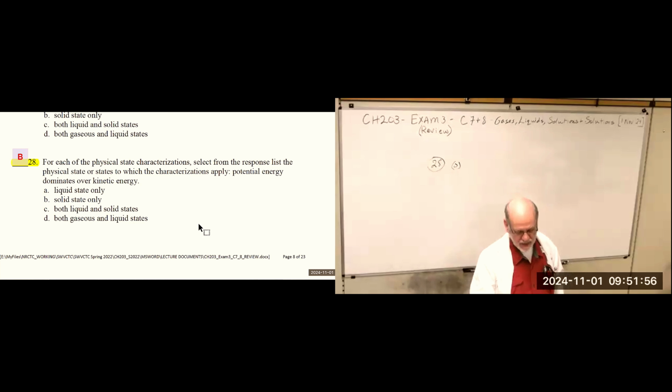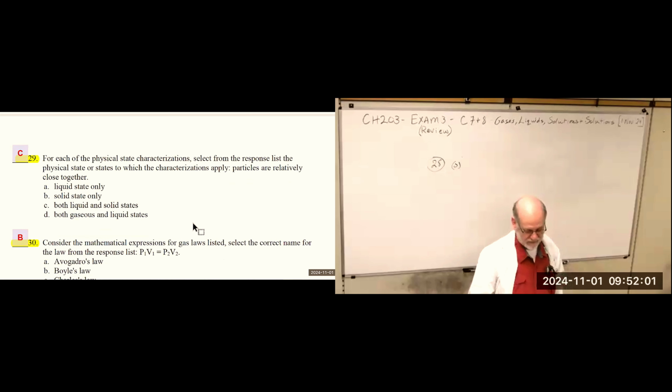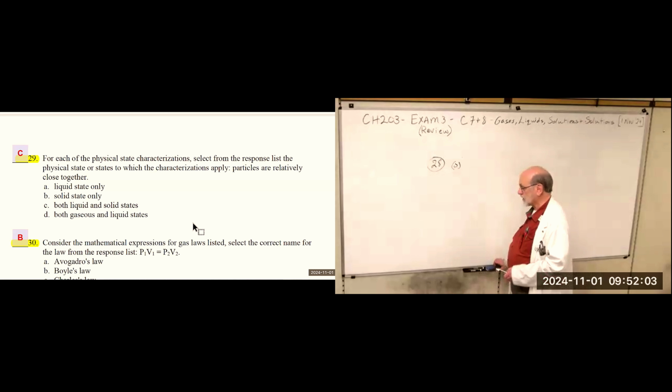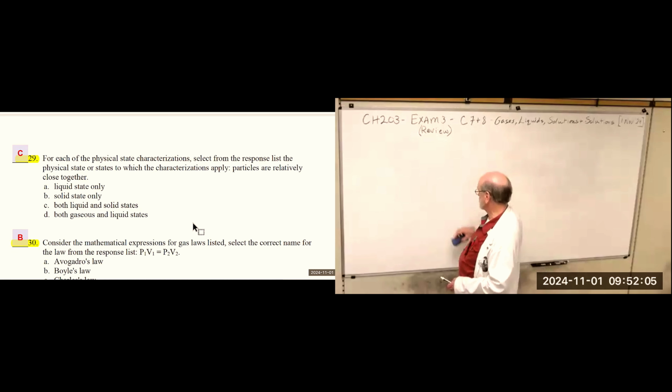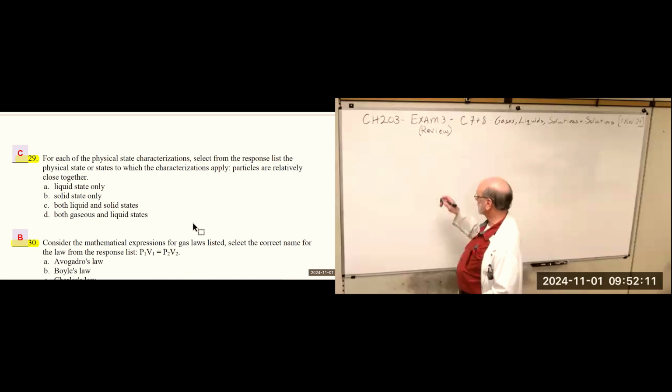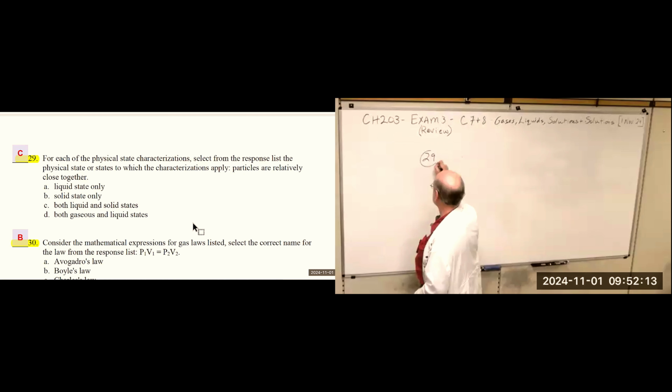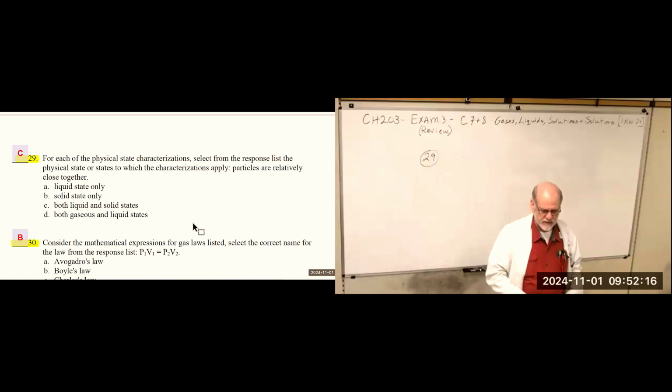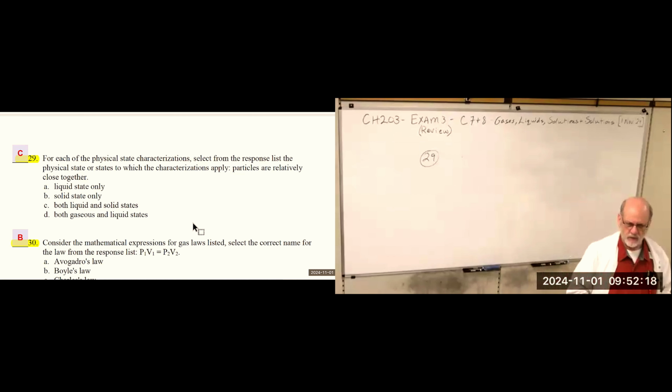Potential energy dominates over kinetic energy. That doesn't mean that solid molecules don't have kinetic energy. They just don't have enough to overcome the cohesive forces. 29. When does a material have no kinetic energy whatsoever?